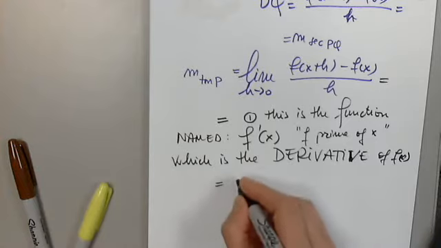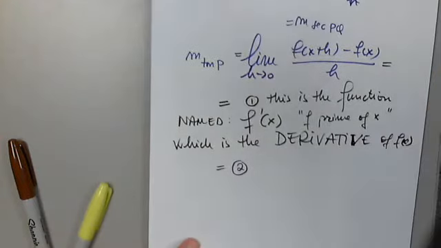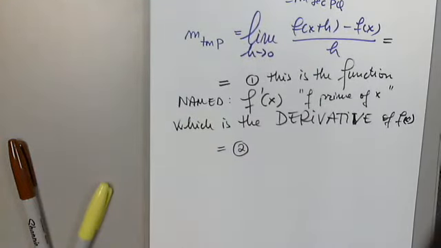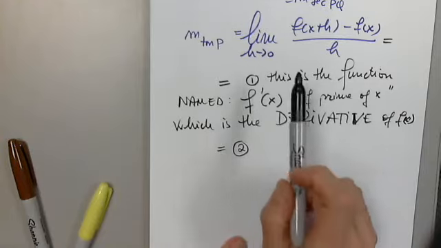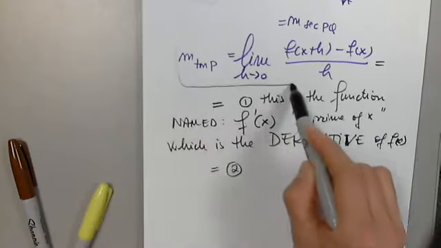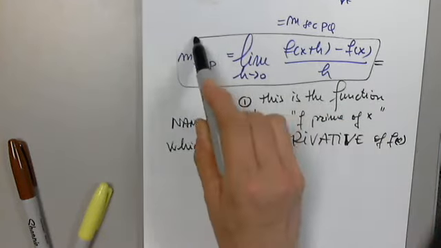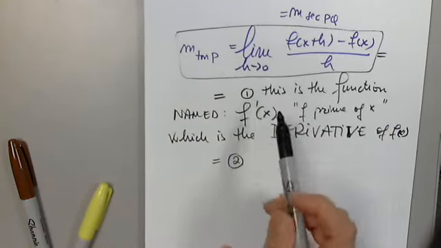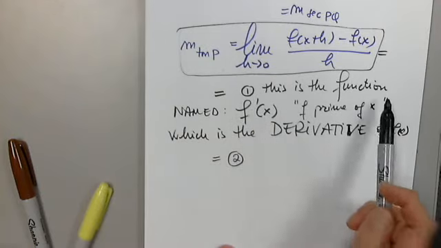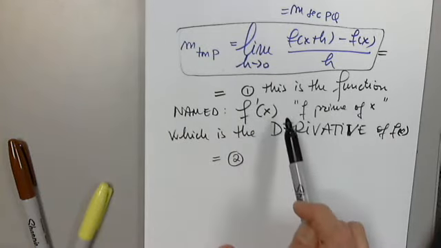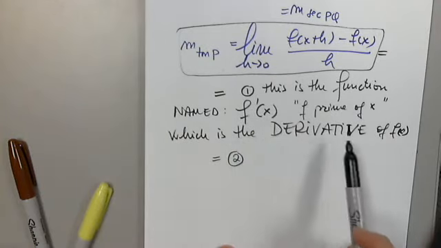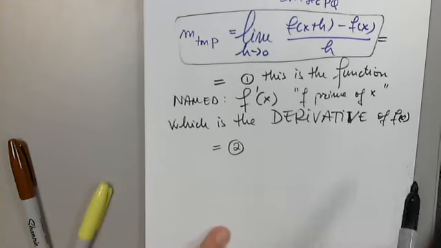Number two, what this represents. So the limit of the difference quotient as h approaches 0 is number one, the function f prime of x, which is the derivative of f of x.